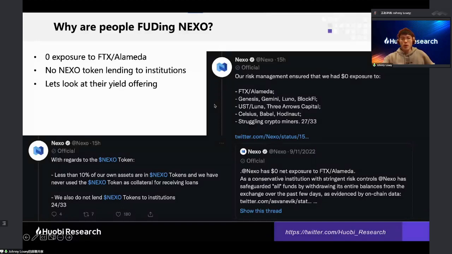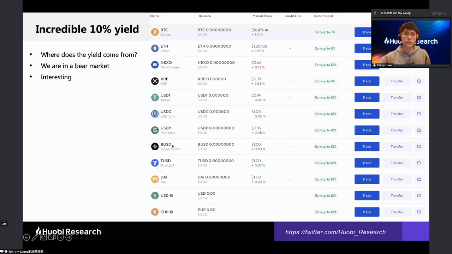Better check out the Twitter of Nexo if you are a user and also a customer. Learn their market strategy and study their business model to assess the risk on your own behalf.